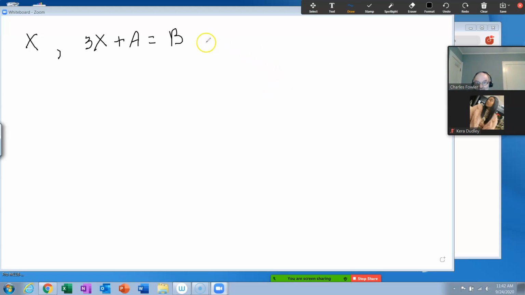Well, they give us two of them. They give us that A is equal to 1, -2, 0, 3, and that matrix B is equal to -3, 4, 2, 1.